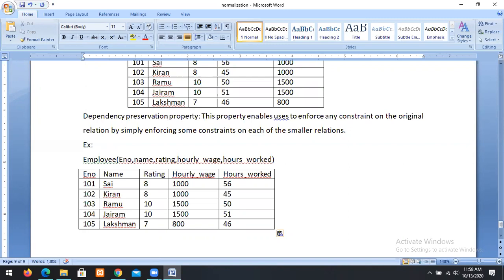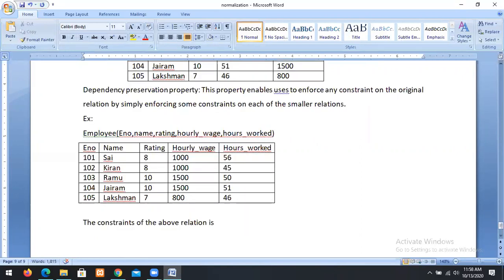What are the constraints of the above relation? Name is functionally dependent on employee number.